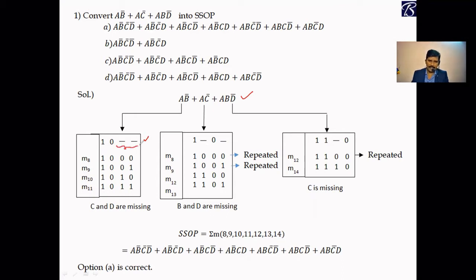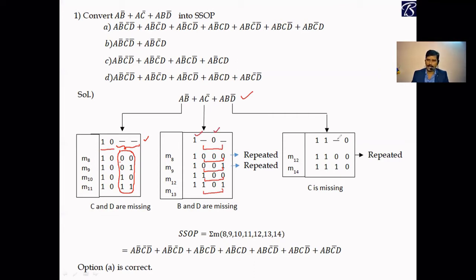Now for this, take the combinations 0, 0, 0, 1, 1, 0, 1, 1, and this one take as it is. And for these two, take 0, 0, 0, 1, 1, 0, and 1, 1, and the remaining 1, 0 take as it is.